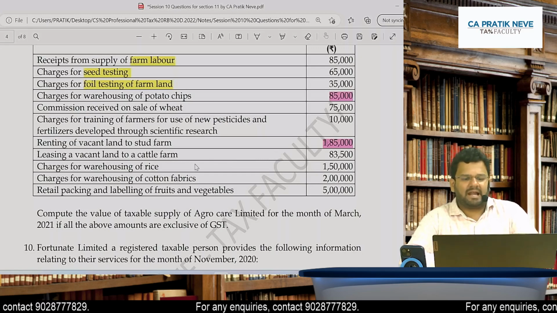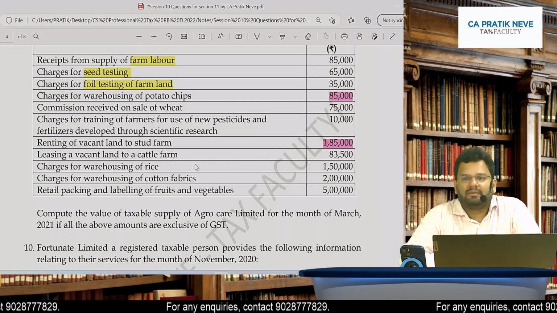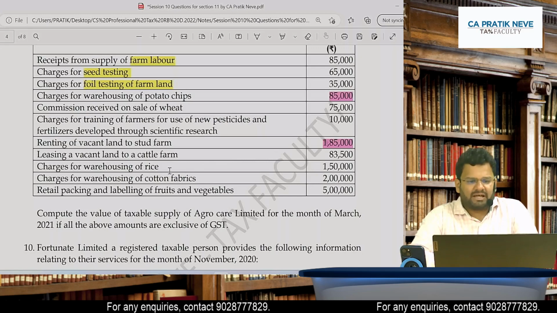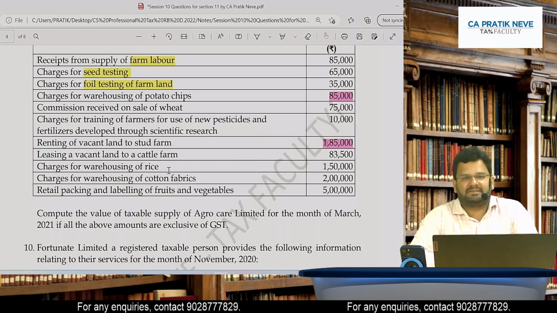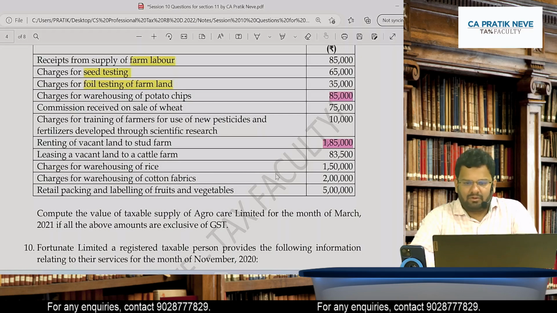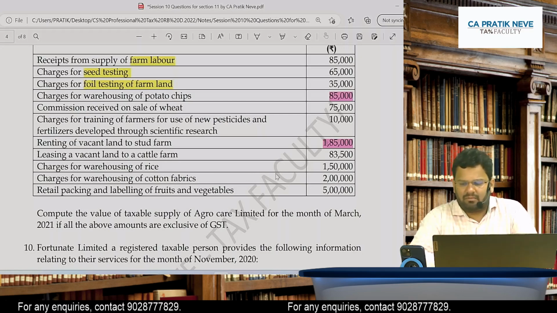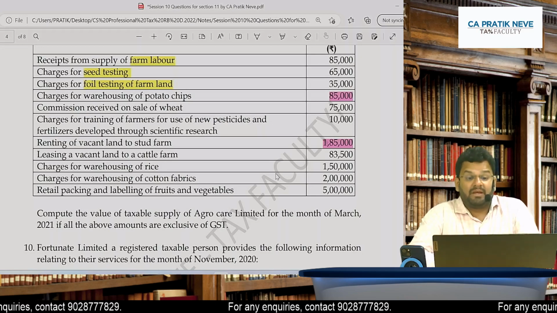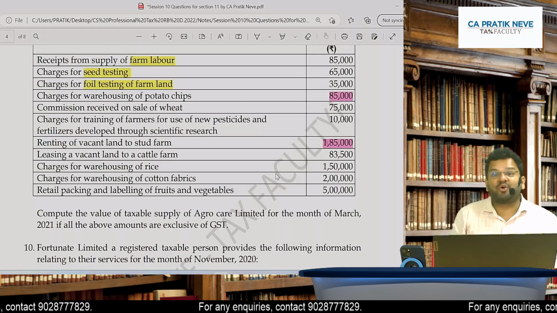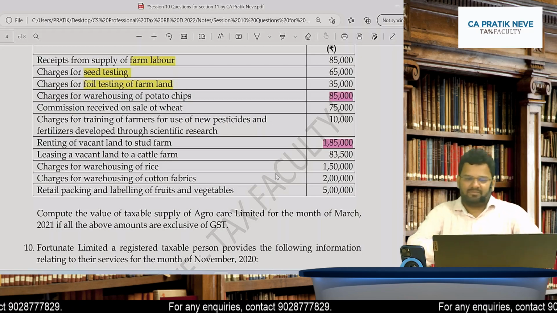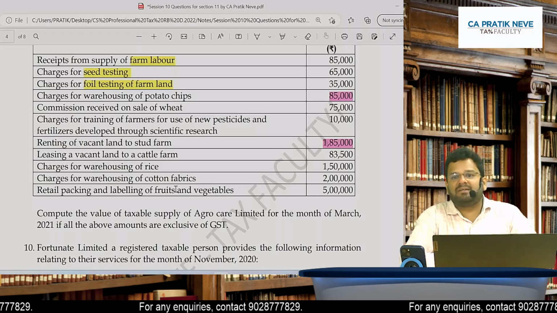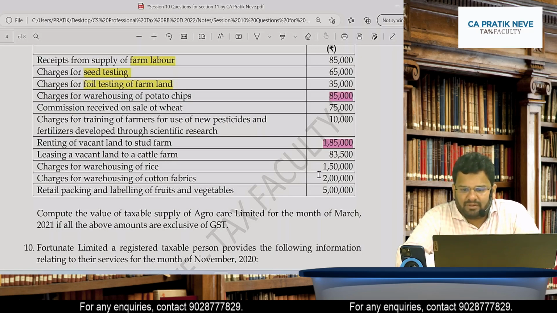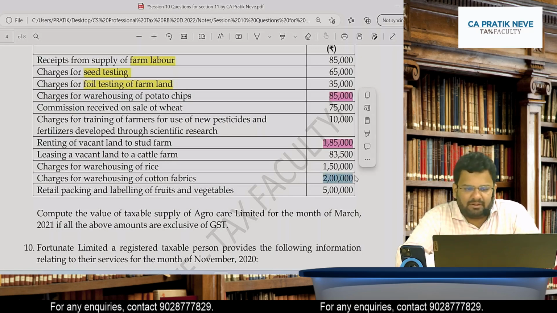Leasing a vacant land to cattle farm, that will become exempt. Charges for warehousing of rice, that again will become exempt. It is warehousing of agricultural produce. Charges for warehousing of cotton fabrics. Cotton fabrics, again something like potato chips, meaning to say processed, so it will become taxable.